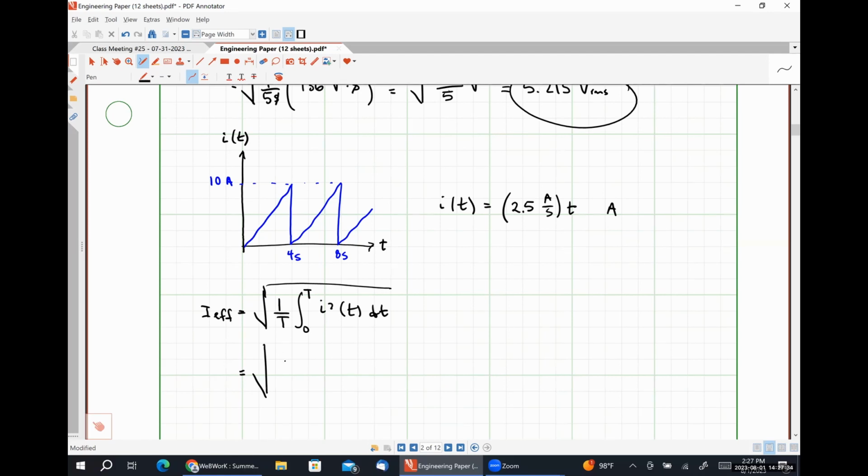Exactly right. It repeats itself every 4 seconds. So I'm going to have 1/4 seconds times the integral from 0 to 4 seconds of 2.5 amps per second times time, measured in seconds, squared dt.